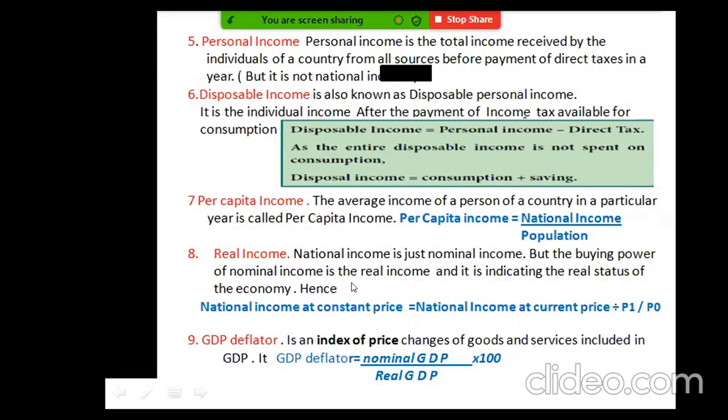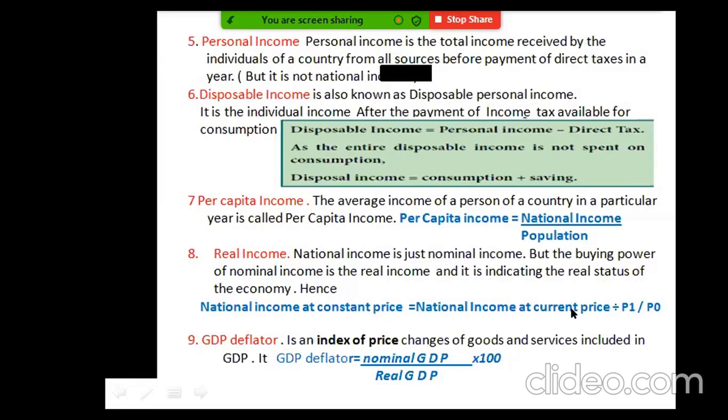Okay. What is constant price and what is current price? Constant price means the price for a particular commodity over a period of time; this will not change. But the current price is the price of a particular commodity existing in a particular period of time.